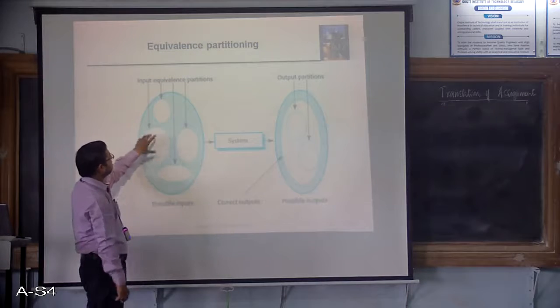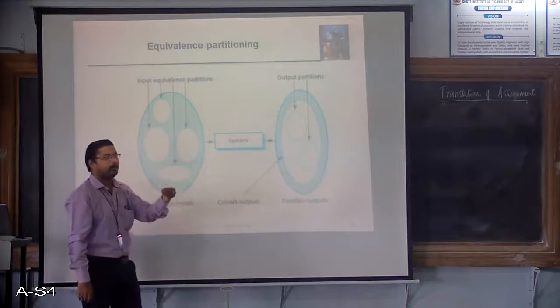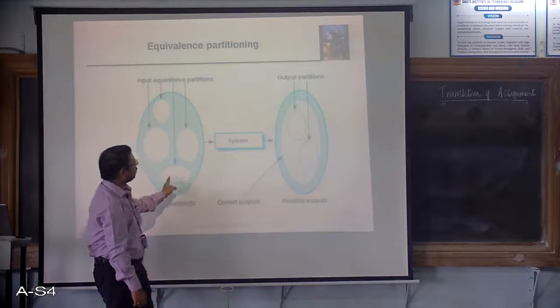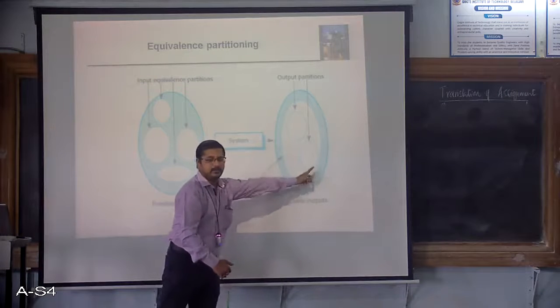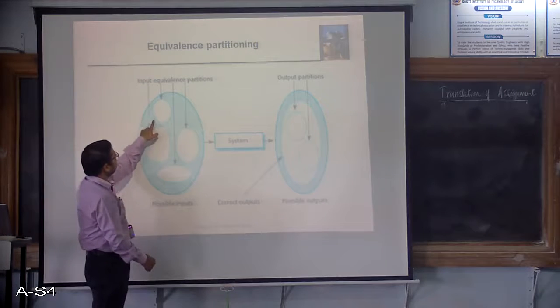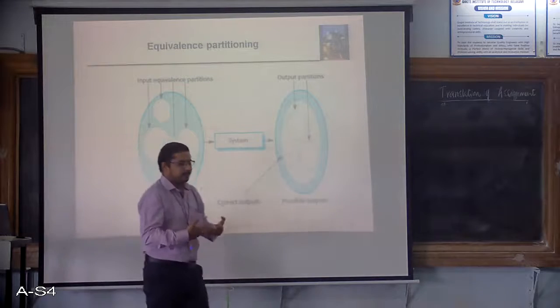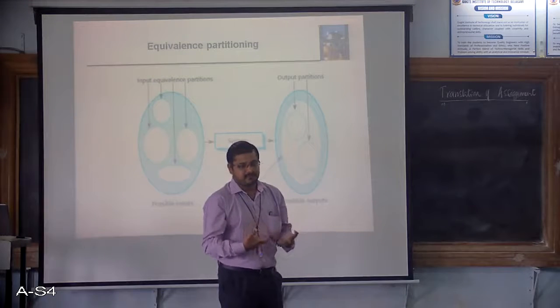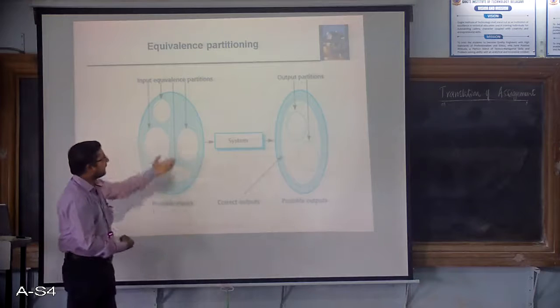In equivalence partitions, we group the data into different clusters. Each cluster, a group of data, will be input to the system. The system executes and gives the corresponding result. Here the shaded part means incorrect input. Sometimes as a user, we can make mistakes, bugs, defects whenever we supply the input. That is what we call incorrect inputs.